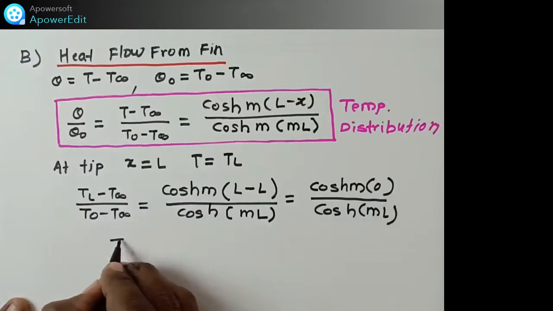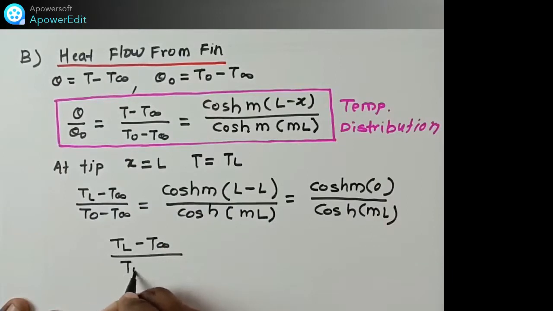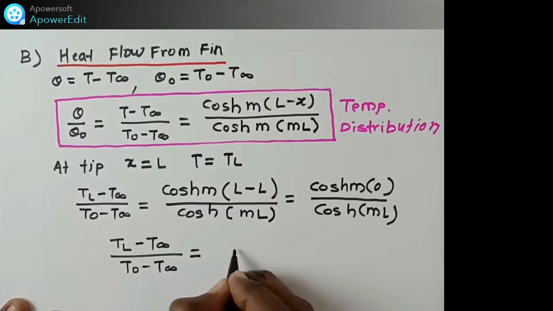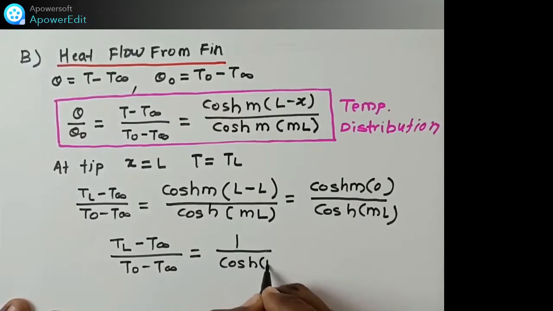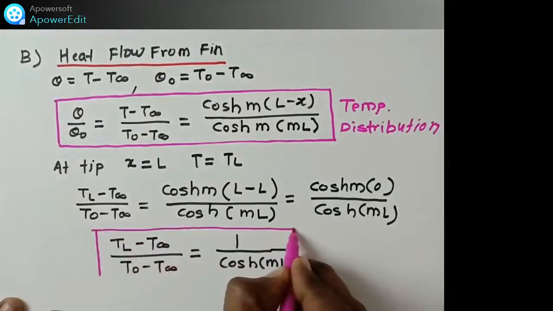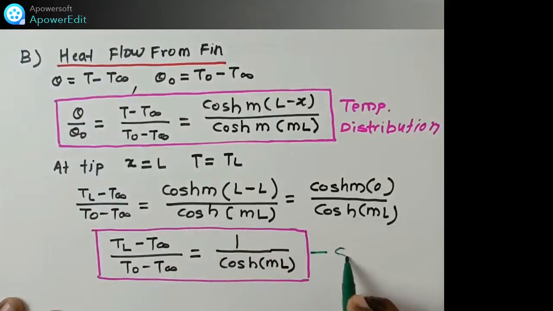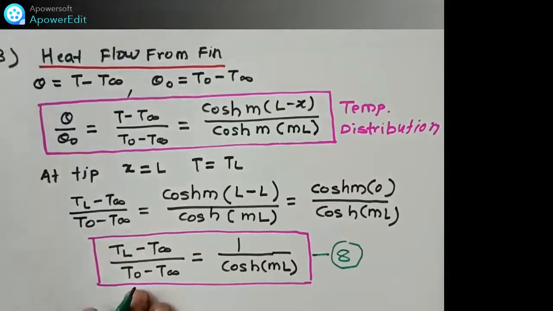So TL minus T infinity divided by T0 minus T infinity will be equal to 1 upon cosh ml. This is equation 8. Now heat flow from the fin can be given by the formula, that is Fourier's formula.